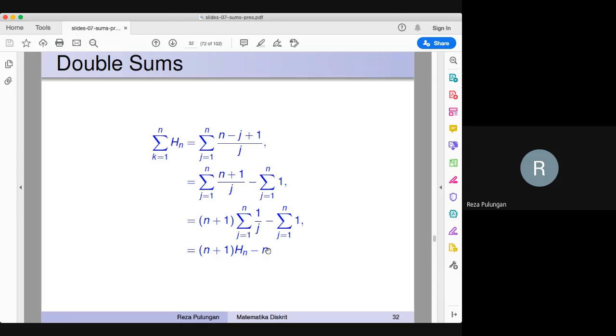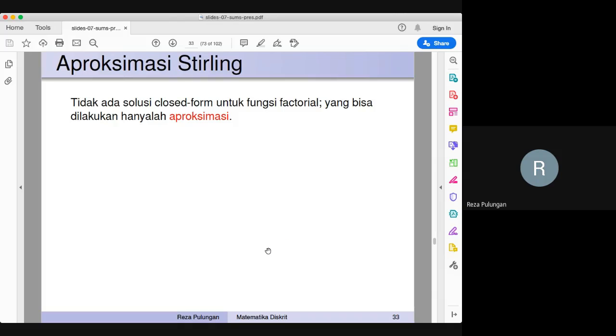Okay, we don't have much time anymore. I'm going to continue a little bit more to finish this Stirling approximation. Now let's go back again to the Stirling approximation. There is no closed form solution of Stirling approximation. We can just use approximation for this one.